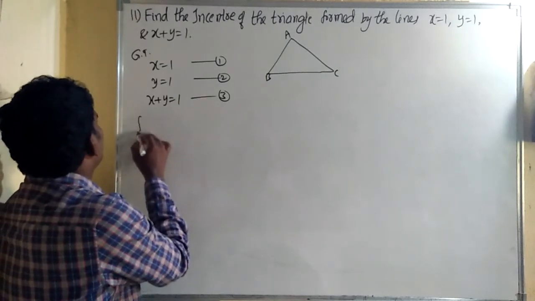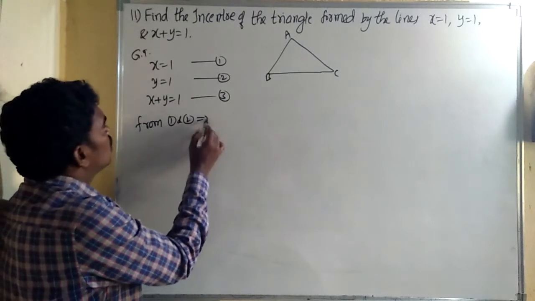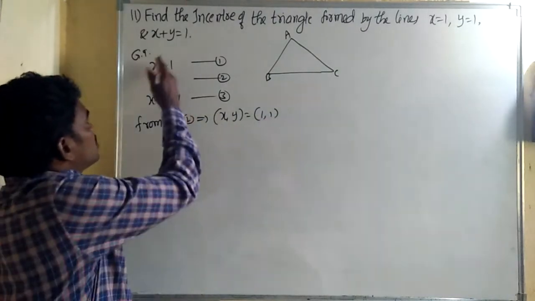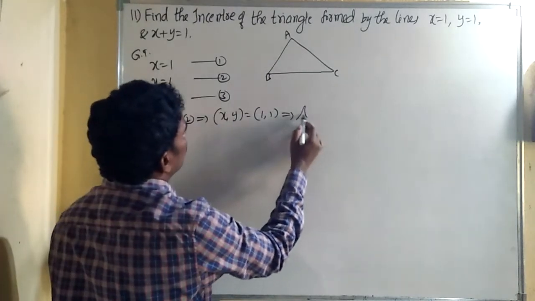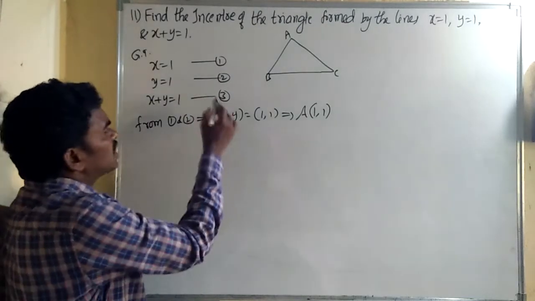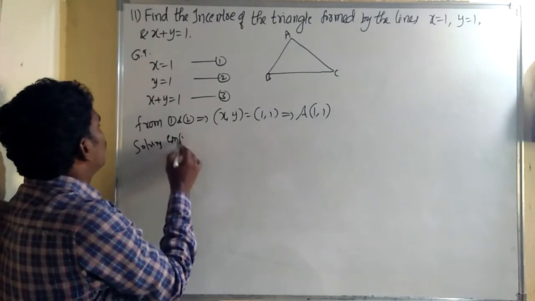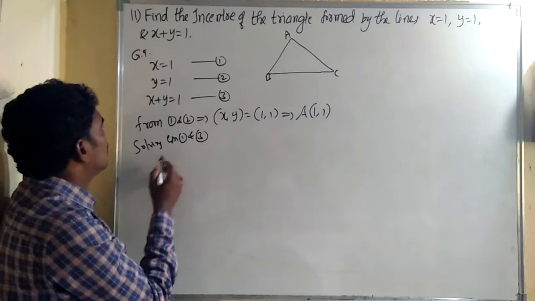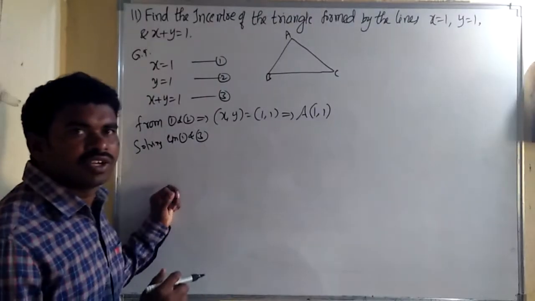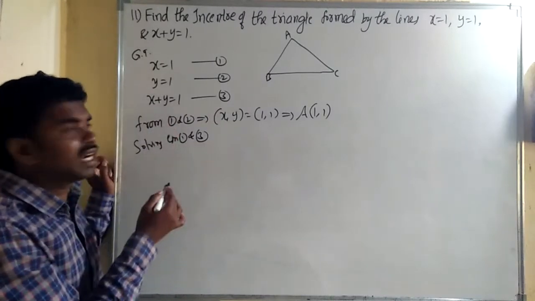From equation 1 and 2, x comma y is equal to 1 comma 1, directly we can write because x is equal to 1, y equal to 1. So point A is taken as 1 comma 1. Similarly, I am going to solve 1 and 3, and 2 and 3. Solving equation 1 and 3: from 1, x is equal to 1, substitute in equation 3 to get the y value.